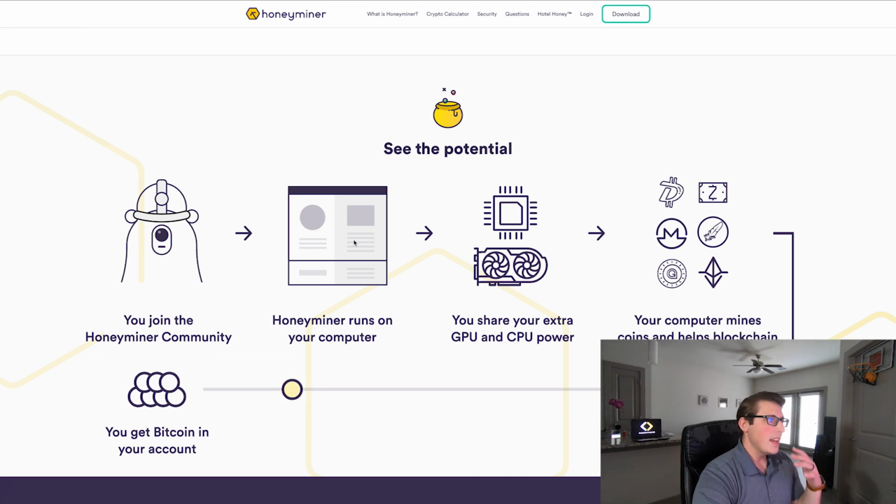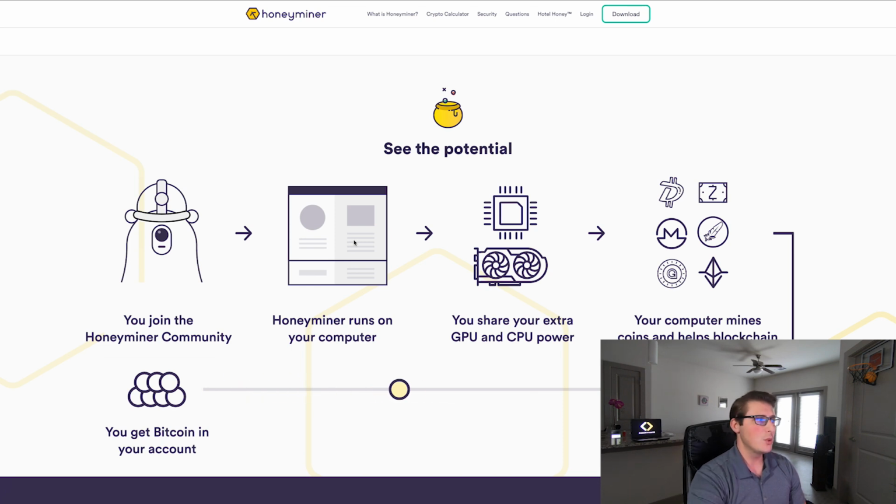It does have an interesting earnings calculator here. So basically, its estimate is that you will get $15 to $75 per GPU per month. And this is basically saying, based on the percentage increase of people who've held their tokens, their coins, over the time period, this is what your percentage outlook would be like.